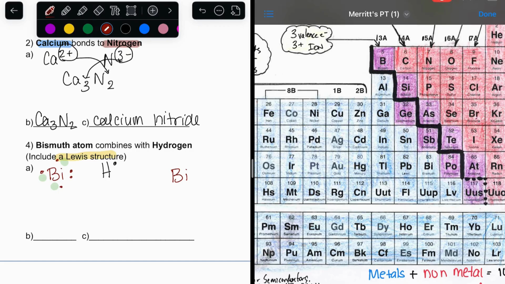If I know that I have 1 thing in the middle and 3 things on the outside, I like to make them shaped like a T. So I'm just going to turn my Lewis structure so I have 2 on top, 1 on each side, and 1 on bottom. And then I'm going to take my hydrogen. I'm going to put 1 on the left, 1 on the bottom, and 1 on the right to fill those empty spots.